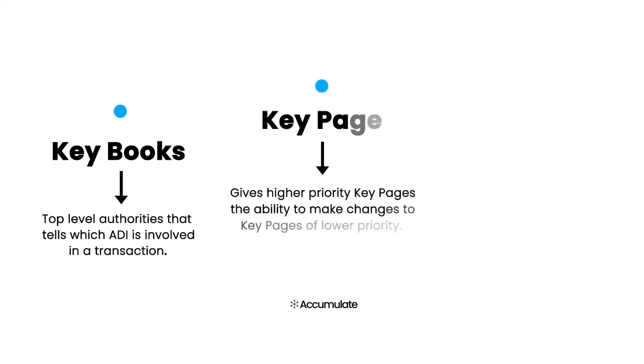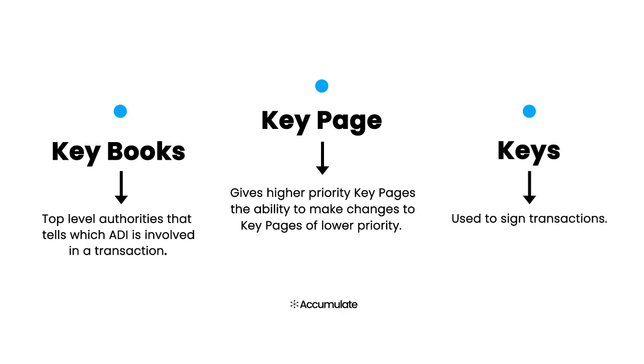Key pages are organized by priority, which gives higher priority key pages the ability to make changes to key pages of lower priority. Keys are used to sign transactions, and their number and ownership within the key page can be modified. Overall then, the ability to manage your keys enables features like key recovery, key rotation, and key backup, which are all needed by enterprises to protect their assets and adapt to changes.